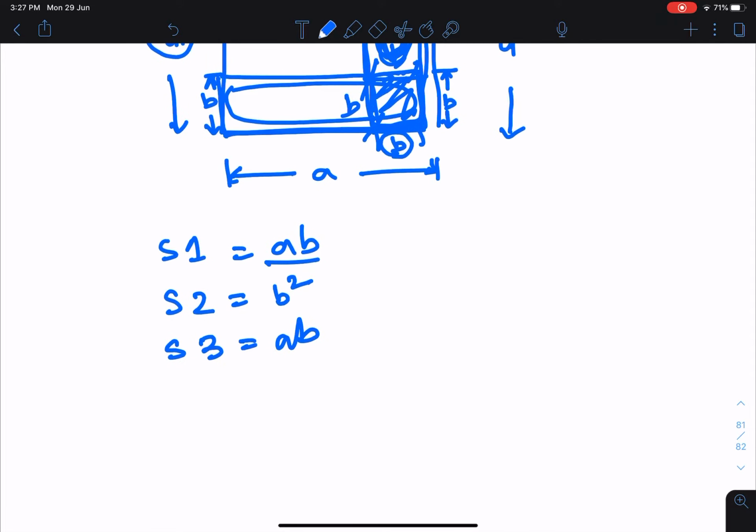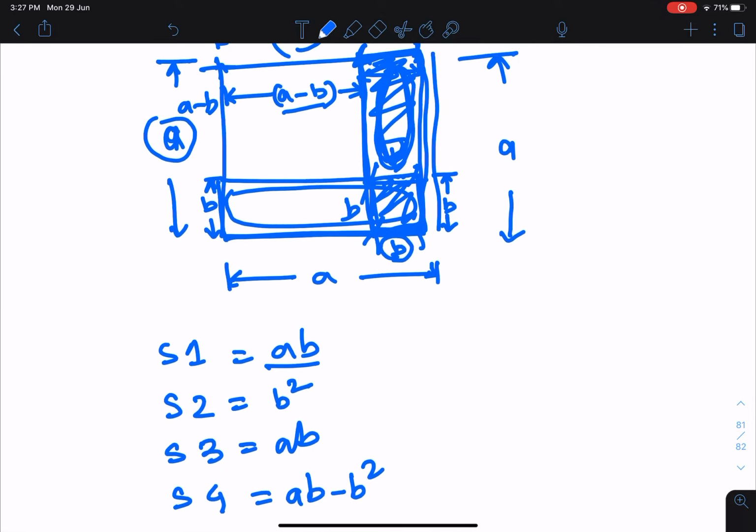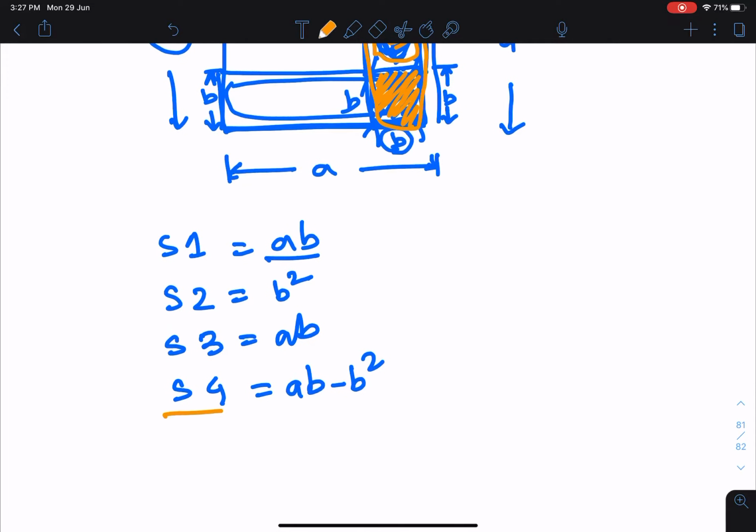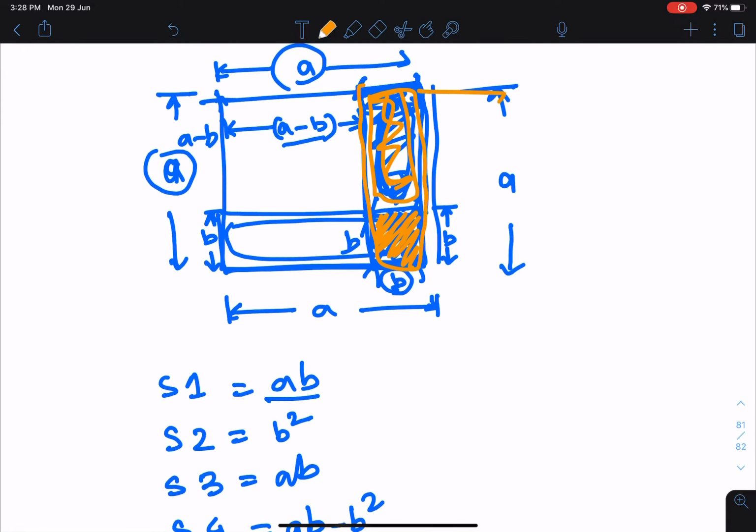So just write S4. S4 will be ab minus b square, because we are taking out this section, right? Let me just color it with another color. So this section we are taking out from the whole section to find out the area of this section. Okay, so S4 is this area.